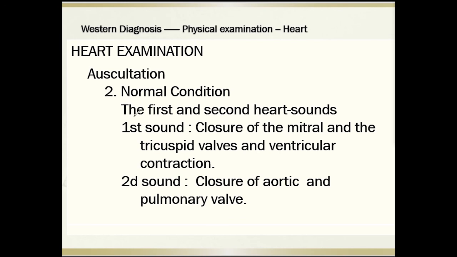We say normally we can hear two sounds. The first sound is the closing of the mitral valve and the tricuspid valve, and certainly including ventricle contractions, but ventricle contraction does not make a big sound.